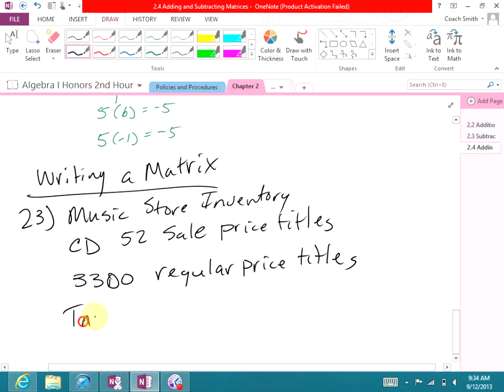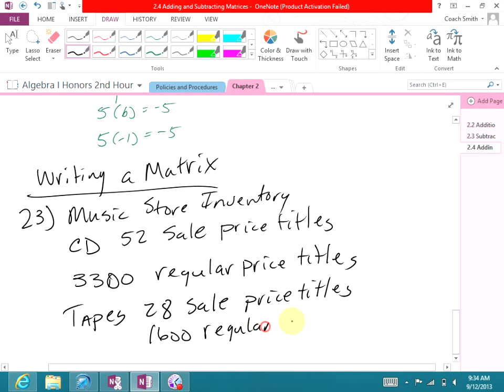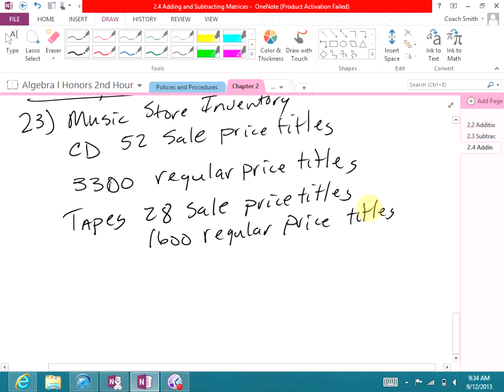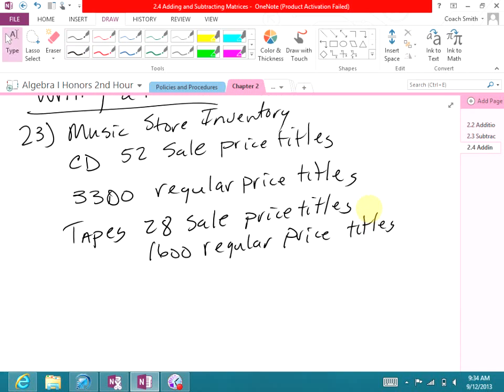Then it says tapes, which nobody's used in a long time. 28 sales price titles, and then 1,600 regular price titles. So what they're basically saying is with their CDs, they have 52 that are on sale and 3,300 that are not. On their tapes, they have 28 that are on sale and 1,600 that are not.